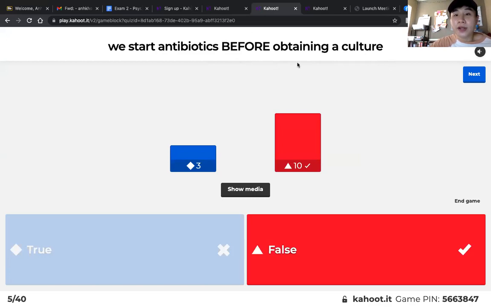So we always start by obtaining the patient's urine culture or any kind of culture. Then we start them on a broad-spectrum antibiotic while waiting for the result. When the result comes back, we then start the specific antibiotic to treat the patient's infection.